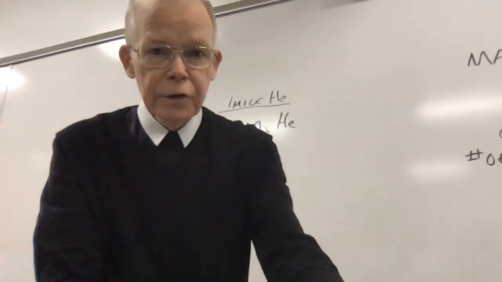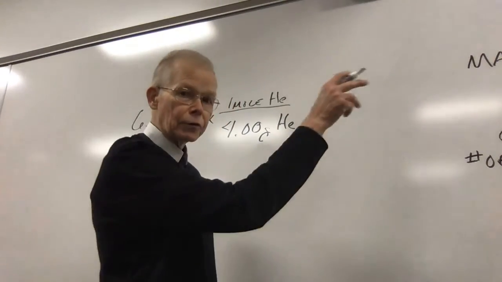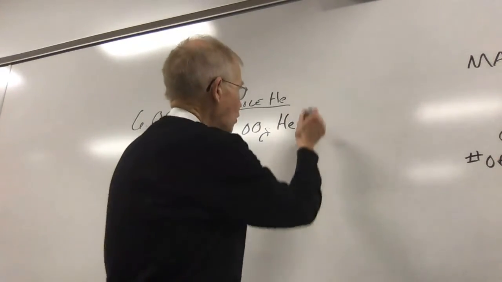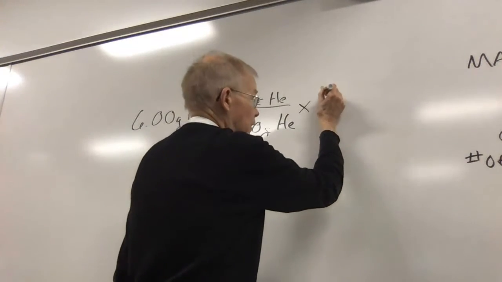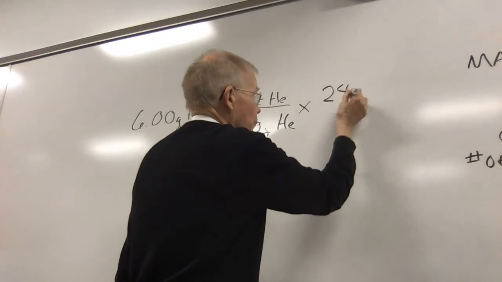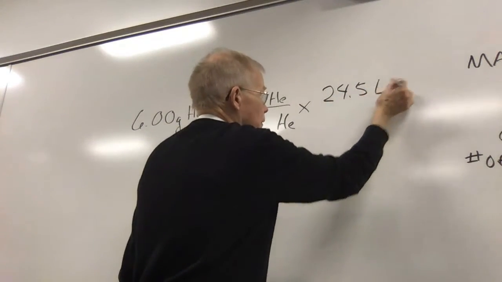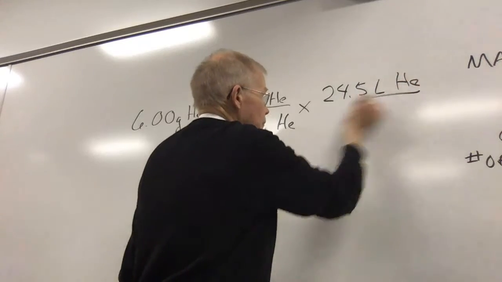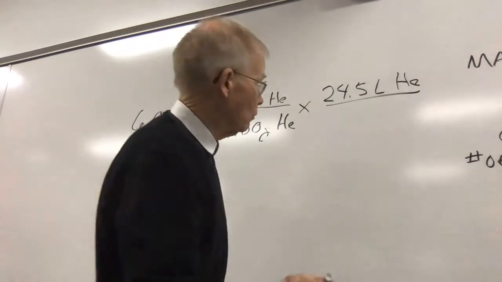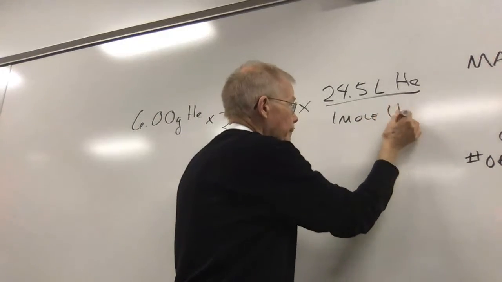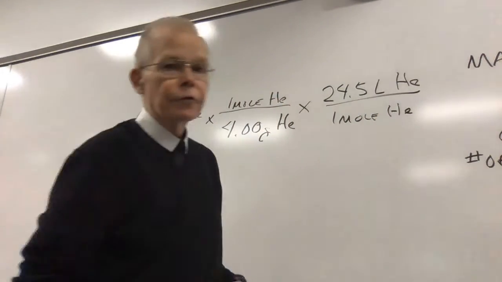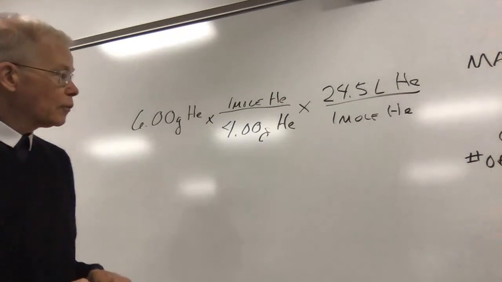And my next calculation would then be to go out in the diagram. So I'll multiply. Here I divided. Now I'm going to multiply 24.5 liter helium, and that's equivalent to 1 mole of helium in volume. So there's the setup to my problem.